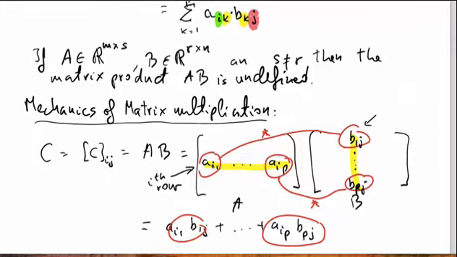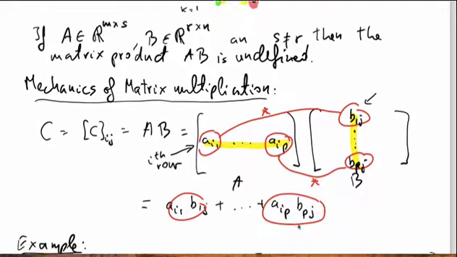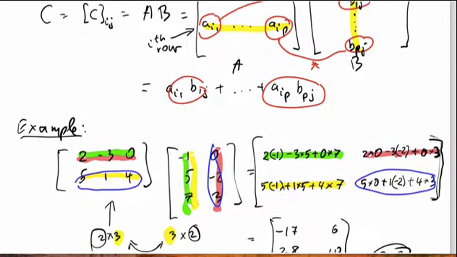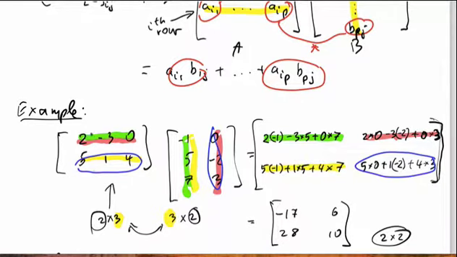And this row and column, entry by entry, are multiplied together, and then the results are added together. For example, if we have this 2 by 3 matrix and a 3 by 2 matrix, then we can multiply these together because the 3 and the 3 are matching. The number of columns in the first and the number of rows in the second match.